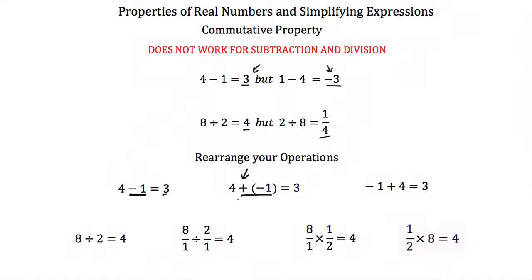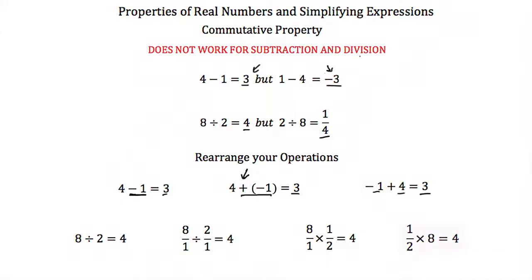If I have 4 plus negative 1, I get 3. And if I have negative 1 plus 4, I still get a 3. So if you have a subtraction problem and you need to rearrange your numbers, you need to turn this subtraction problem into an addition problem by simply adding the negative.